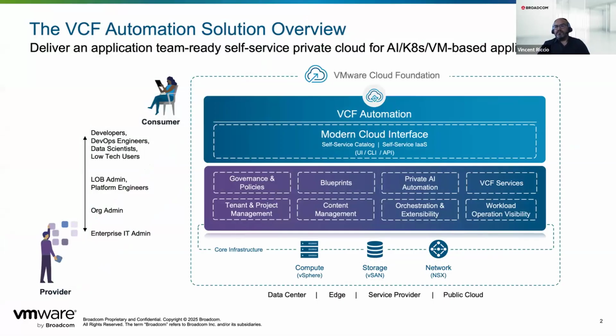So VCF automation inside of our platform isn't new. We have had automation tools for some time, but I'm going to go over some of the things that are new in the 9.0 world of automation and what we've done. We have taken some different methodologies and put them in the product, such as deploying things using custom Kubernetes definitions. We'll take a look at all of that.